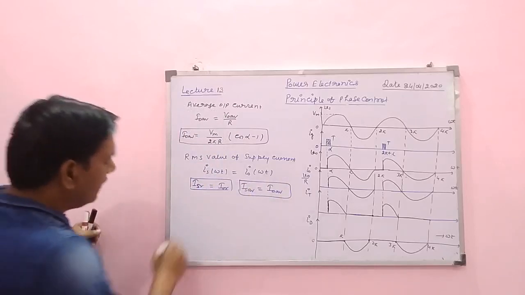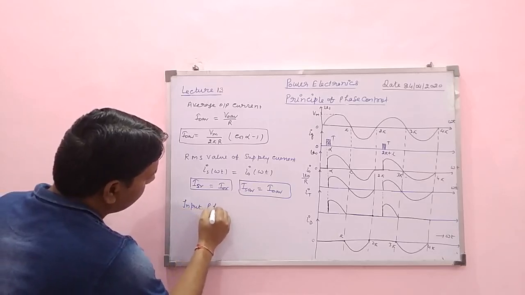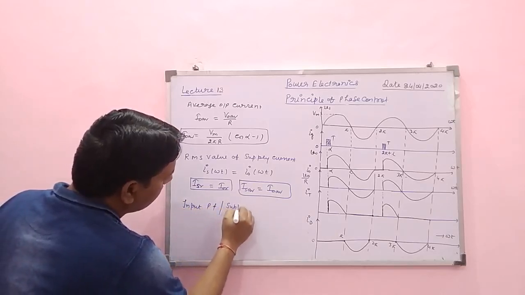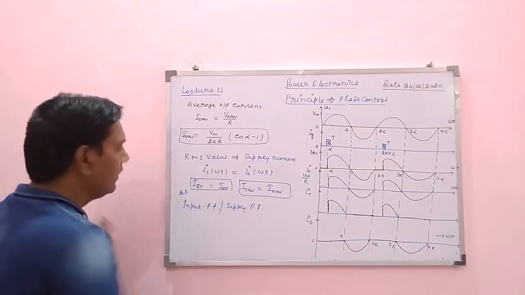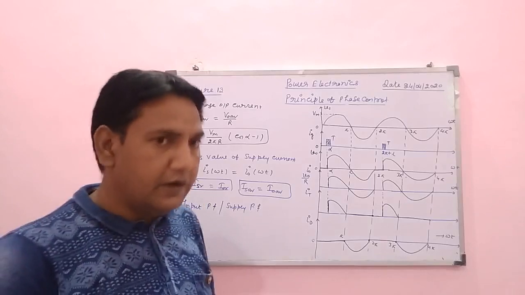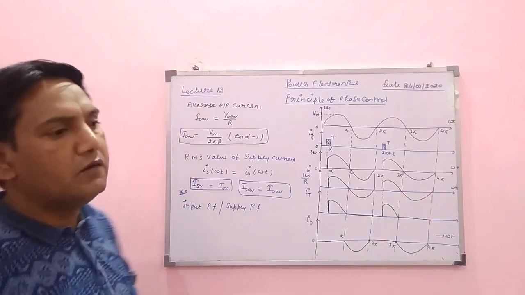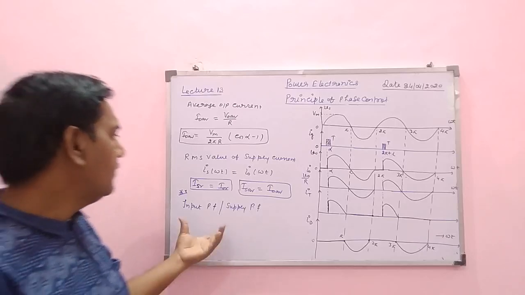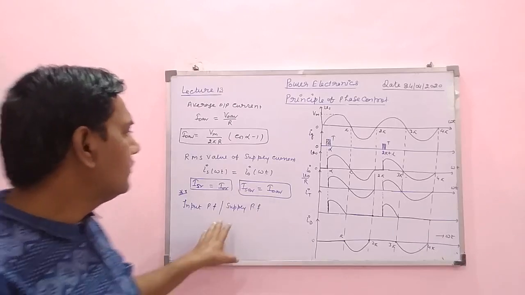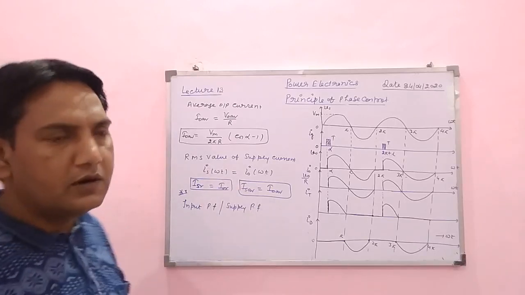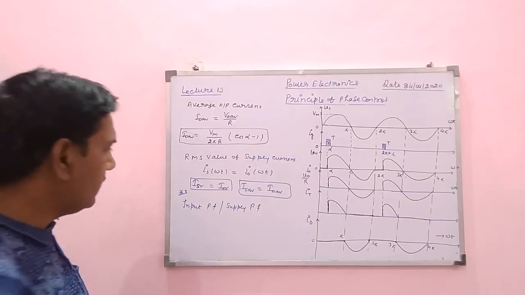Now we have to calculate the input power factor, which we also call the supply power factor. That is an important point. Many times I have explained, whenever you have to determine the supply power factor or input power factor, simply put the input power equal to output power, because the switches we have used are considered lossless switches, so there is no power loss in the switching devices.